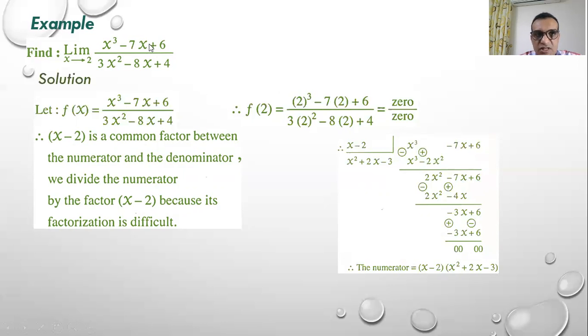Then the factorization of this polynomial equals x minus 2 multiply x squared plus 2x minus 3.